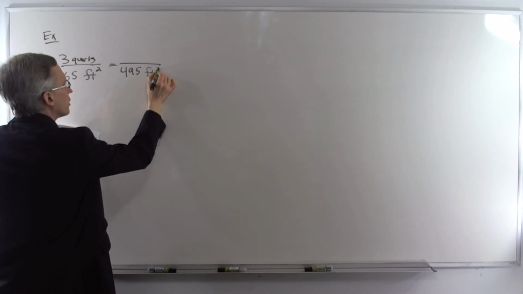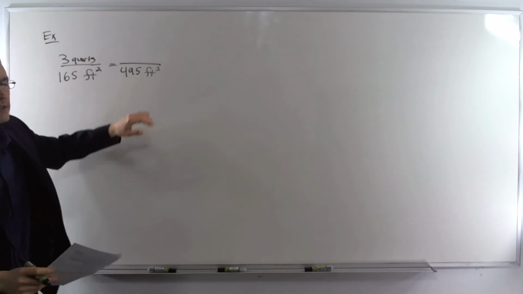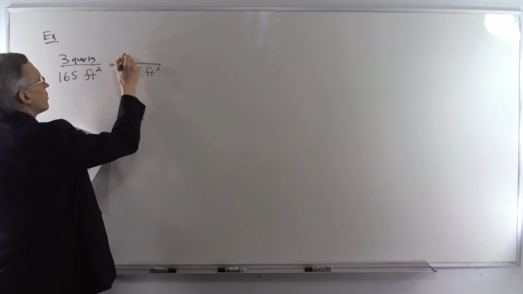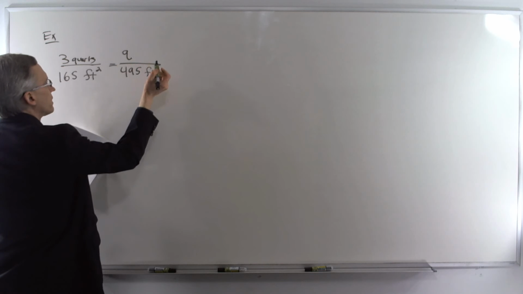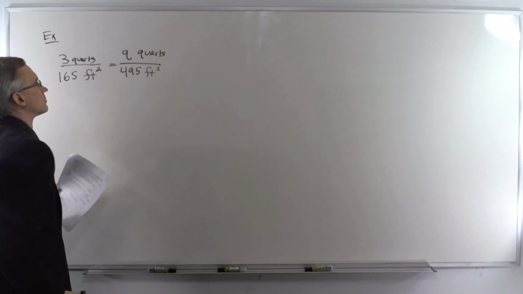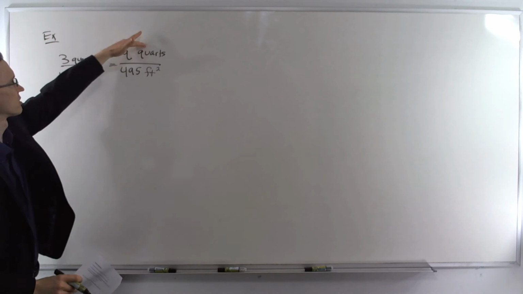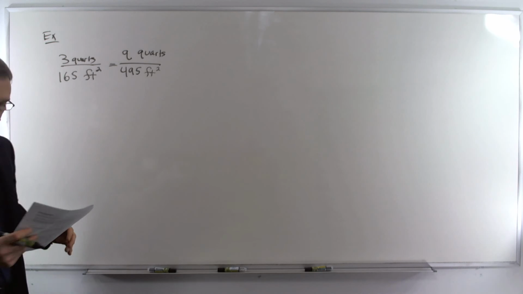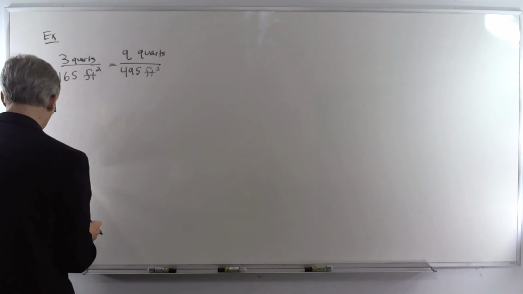So make sure your units are in the same position. Now finally, our unknown is the number of quarts of paint, so Q quarts. Now I've got quarts on top, square feet on the bottom, square feet on the bottom. Our proportion is set up correctly. Now we can go ahead and solve it.